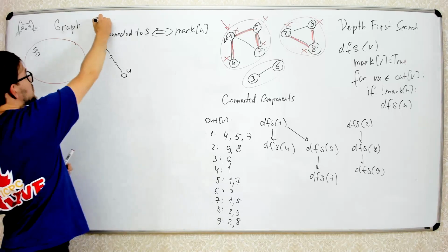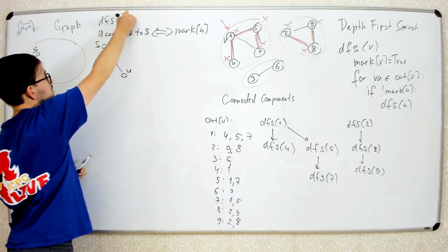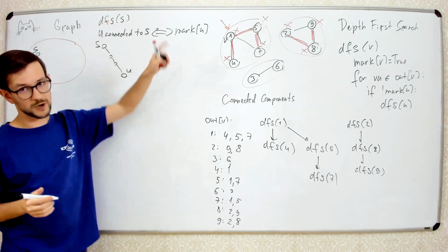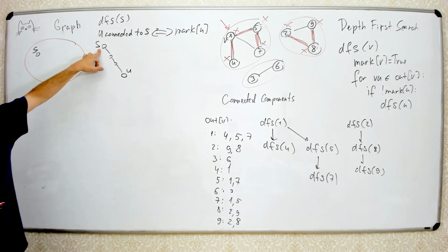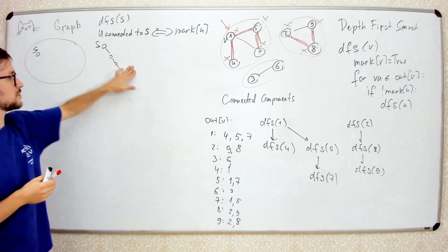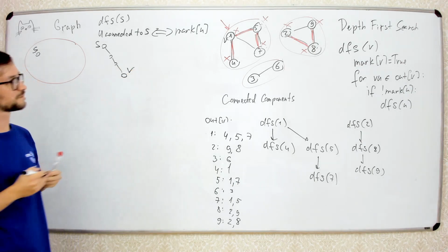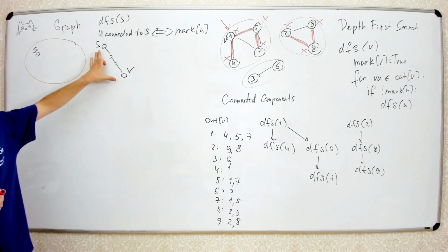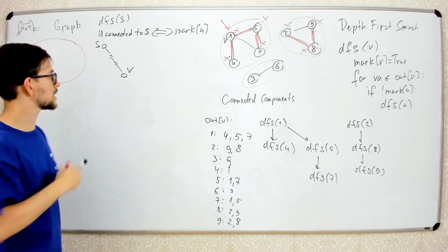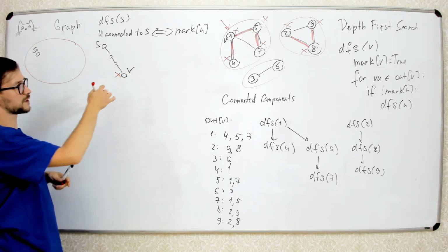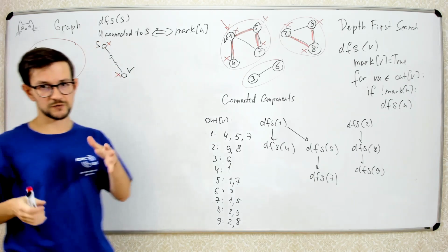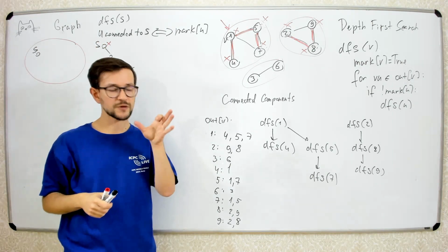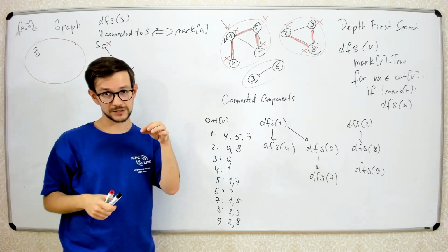If I run DFS from node S, then everything connected to S will be marked. So I have node S, and I have this node, let's say V. Just by invariant, this node is marked, which means it is connected to node S. We just maintain the invariant that everything that is marked is connected to node S.